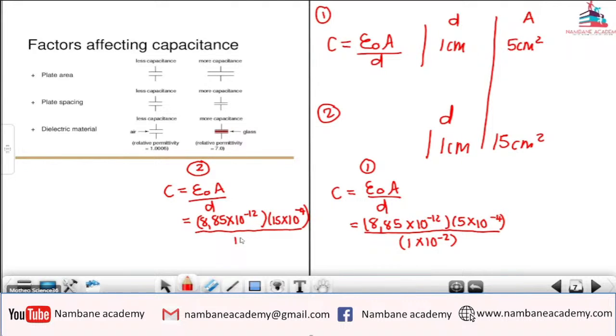Both of them have the same distance. Now, what answer did you indeed get? Let's calculate it. All right, you should be done now with your calculation.